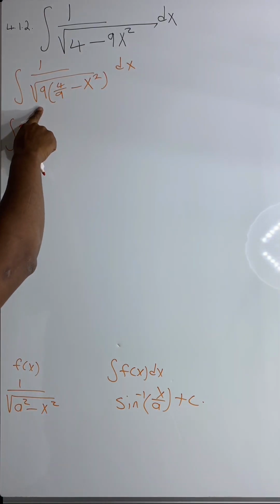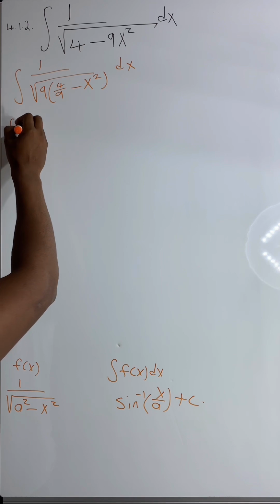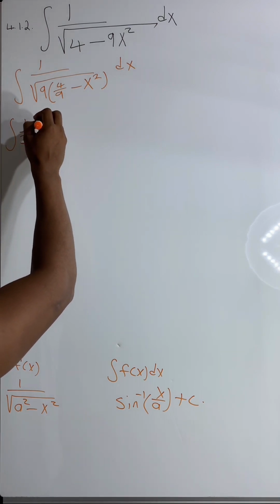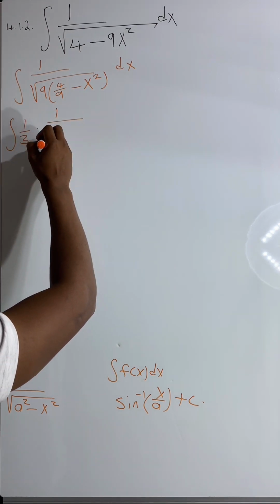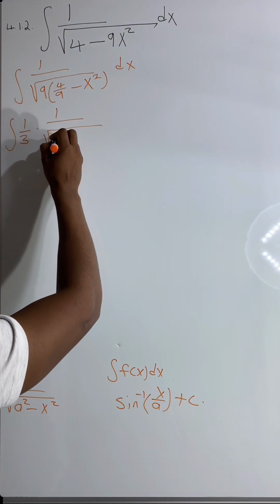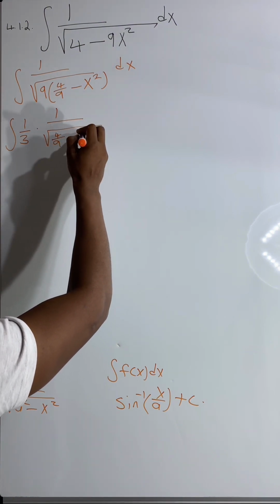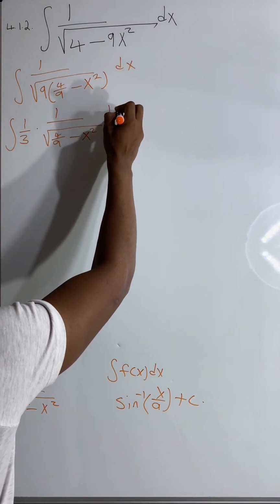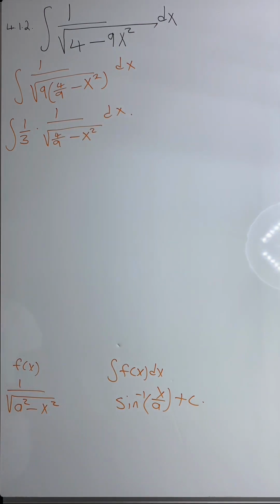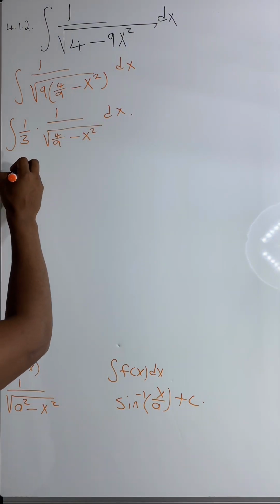Introducing the square root to this 9, we get 1 over 3 multiplied by 1 over the square root of 4 over 9 minus x squared dx. We can take the 1 over 3 out of the integral.